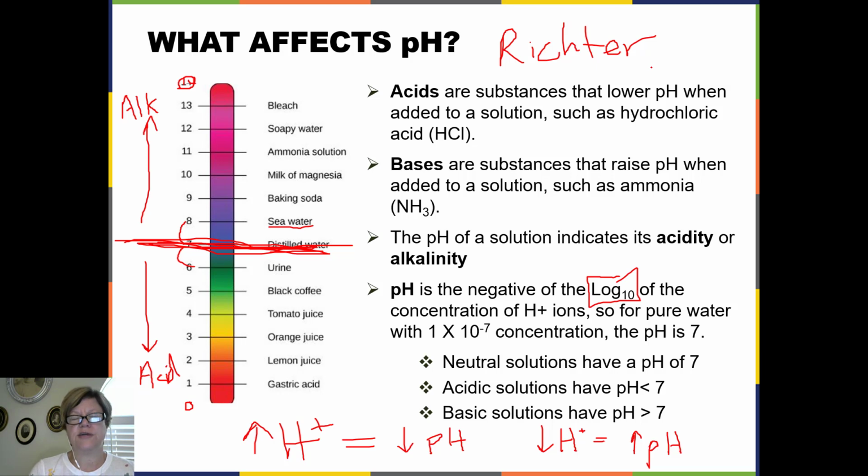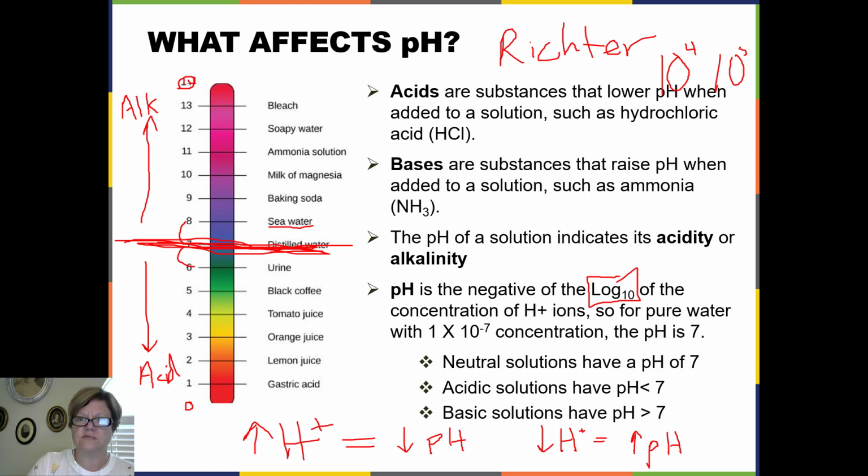So if you have an earthquake and it's a 4 on the Richter scale, and then there's another earthquake and it's a 5 on the Richter scale, the difference in intensity between the 4 and the 5 is not 1, it's 10 to the 1. So you have a 4 intensity and you have a 5 intensity.